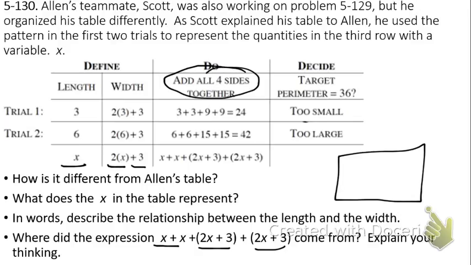So, if this were some kind of a rectangle, if the length is an x and the width is 2x plus 3, I kind of did that backwards, then what we're going to have is x plus the 2x plus 3 plus another 2x plus 3. We're just adding up all of those sides.